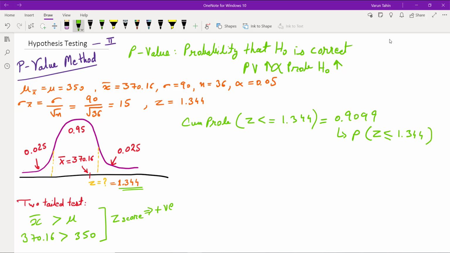Now as the sample mean is falling right of the population mean, the p-value we will be interested in will be for z greater than 1.344. We will discuss this in detail. If the cumulative probability of z less than or equal to 1.344 is this, then what will be the probability for z greater than 1.344?